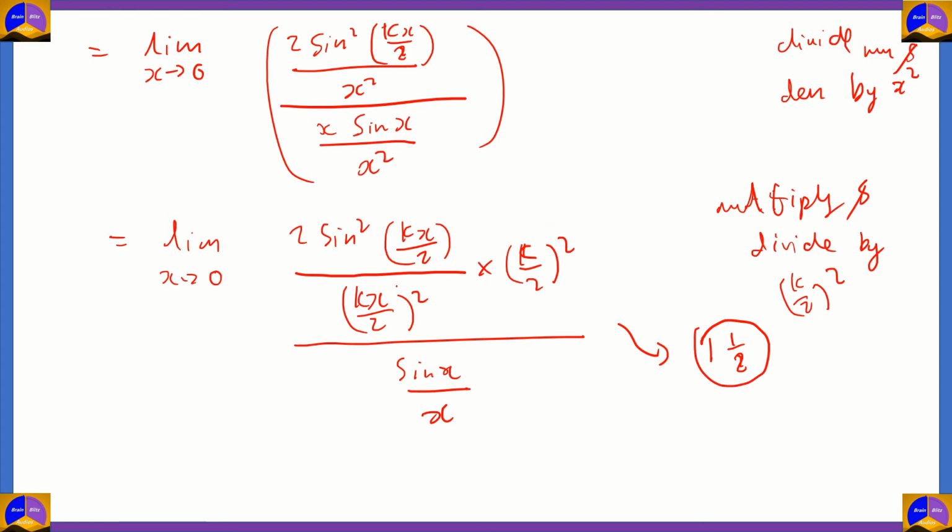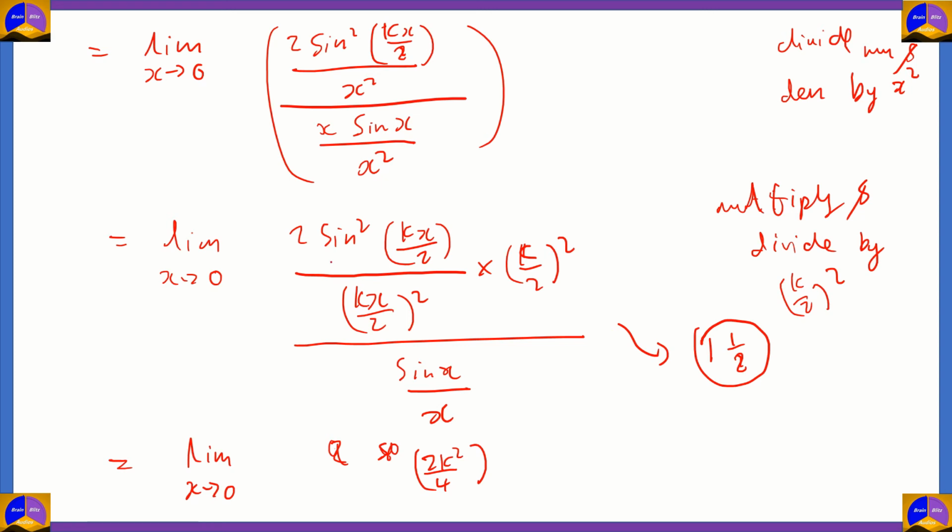Now what we essentially did is that we converted this equation to the form of two. So the equation now becomes 2k squared by 4.